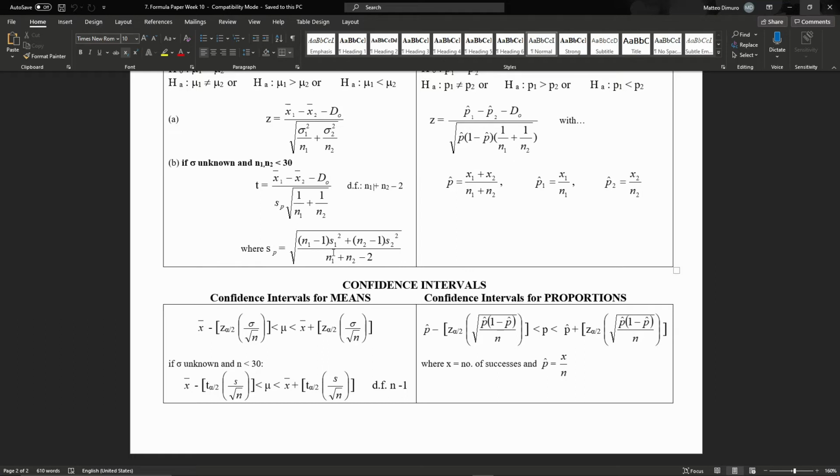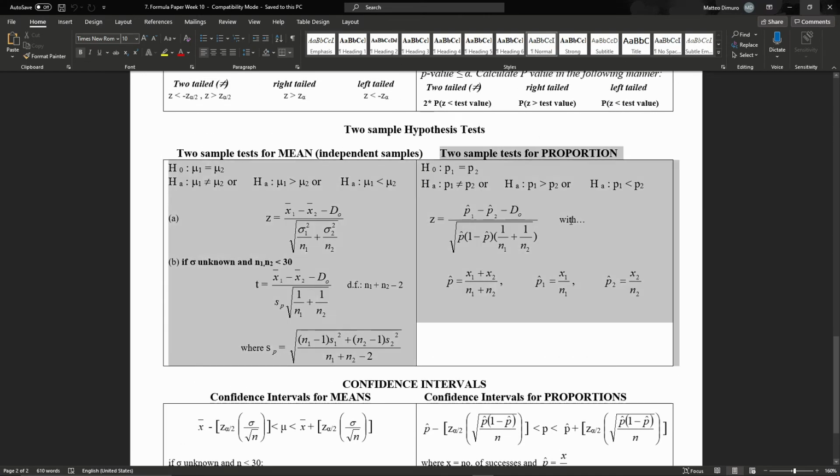No, I'm a liar. We do it today. Okay, good. So we will do the t-test today. Basically, it's just more calculations. If sigma's unknown and our populations are small, then we turn to the t-tables, and the formula looks a bit different. So we'll get there when we get there.